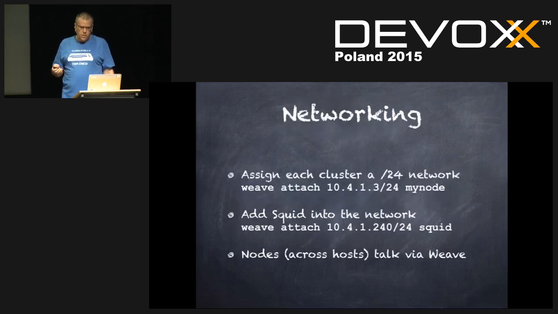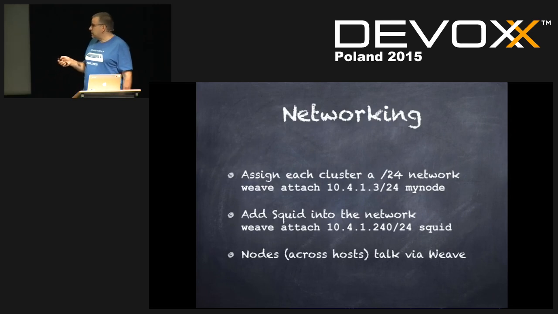In terms of networking, in my instance, I allocate a /24 network, 253 network addresses per cluster. And using the weave attach command, we basically attach a 10.whatever address to our node.